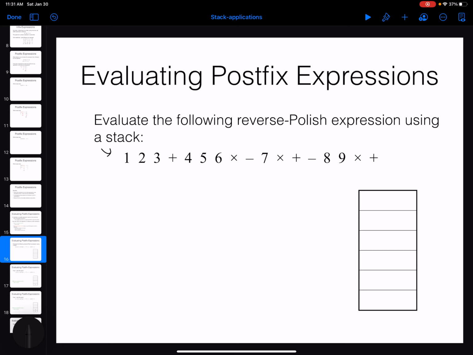Read the input expression from left to right, token by token.